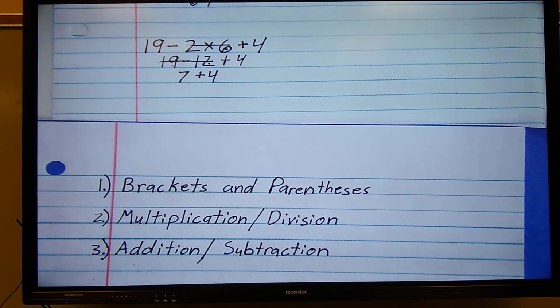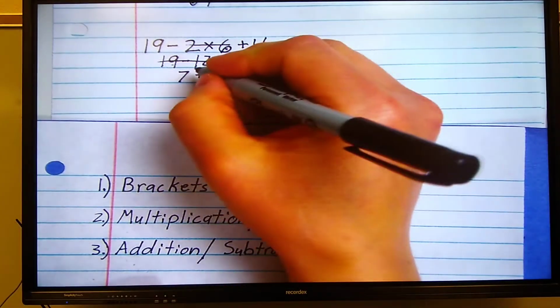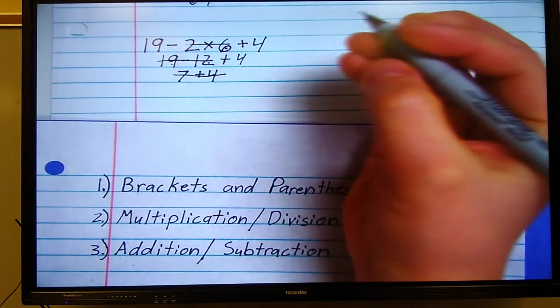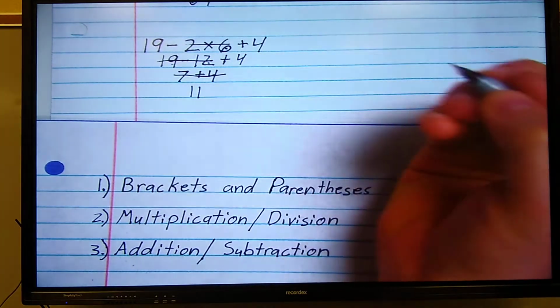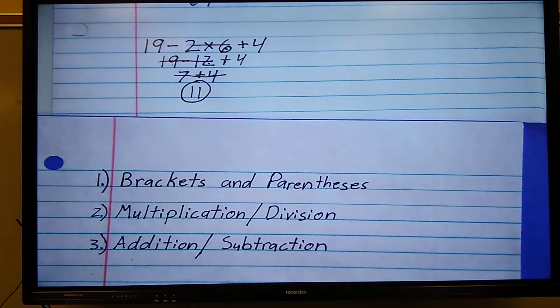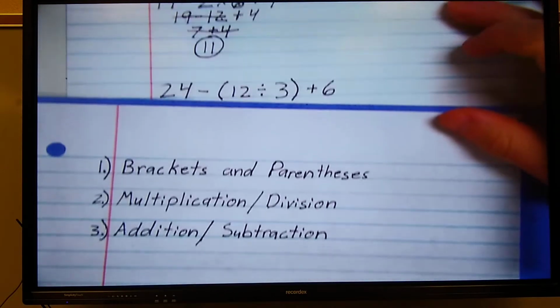And I'm still on addition and subtraction, but there's only one thing left to do. So 7 plus 4 is 11, and there is my answer. Step by beautiful step.